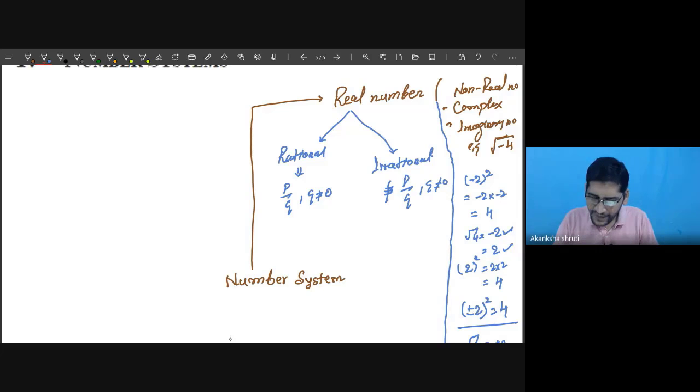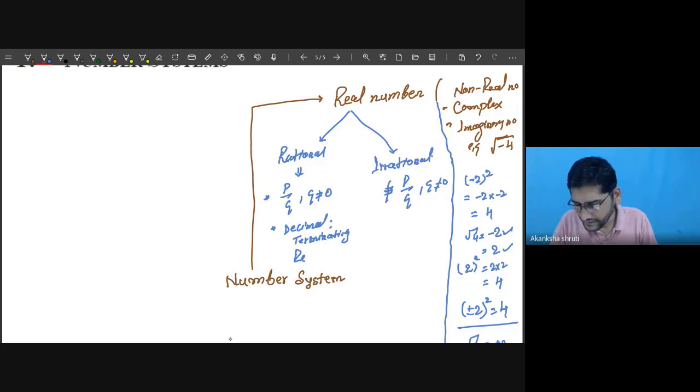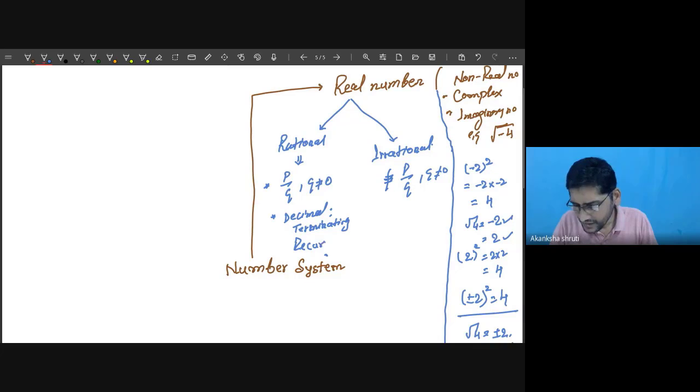A rational number can also be a decimal, but this decimal should be either terminating, or if non-terminating, then it should be recurring. So decimals of two kinds, terminating or recurring, fall in the rational numbers.